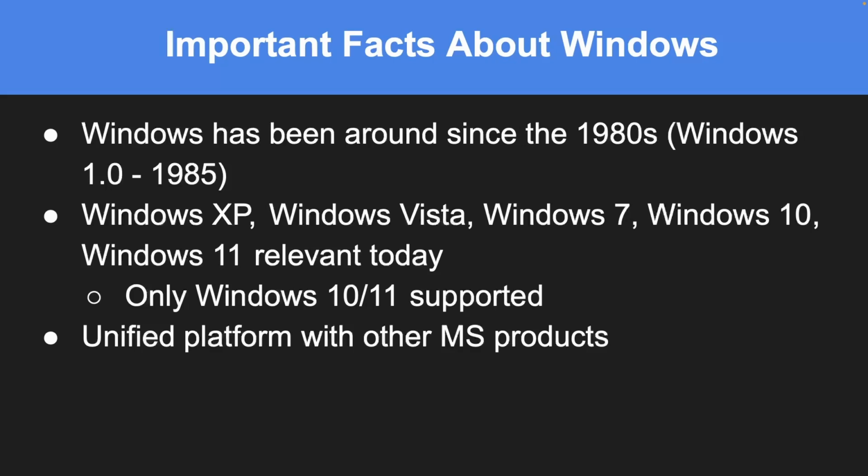But I got a little ahead of myself when I talked about Windows from my point of view. From everyone's point of view, especially if you're an old head from the 70s or 80s, you'll know that Windows 1.0 came out in 1985.